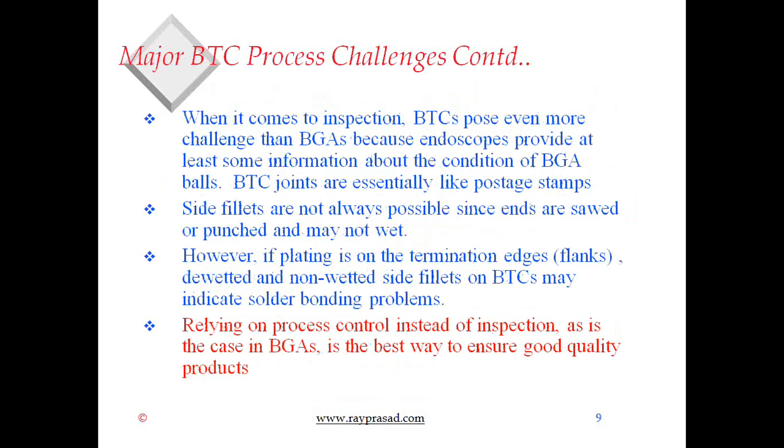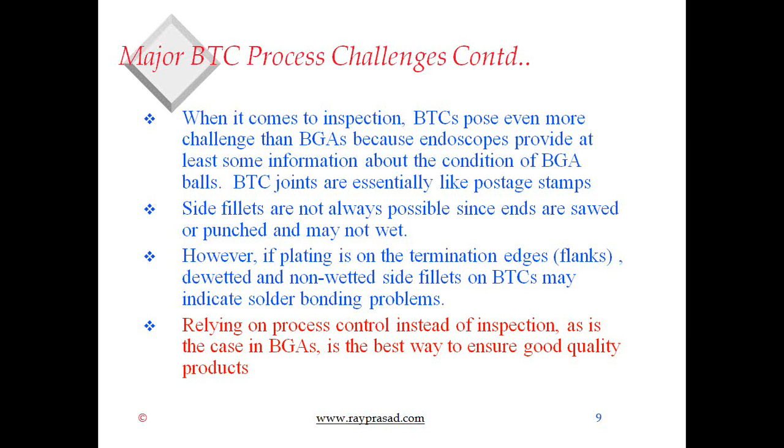In slide 9 here, when it comes to inspection, that's an even worse issue. Part of the thing is, at least in BGAs, you can use these endoscopes and attempt to see something in the second, third row underneath the component.